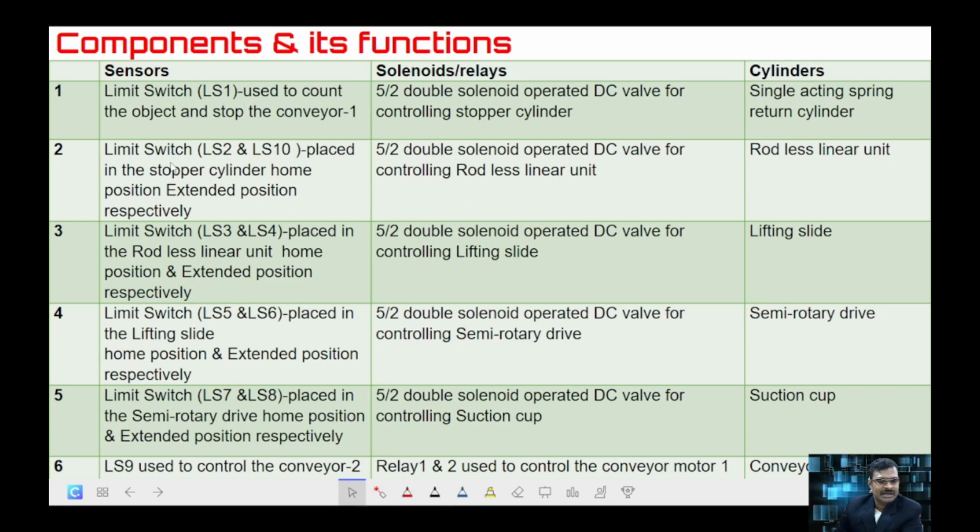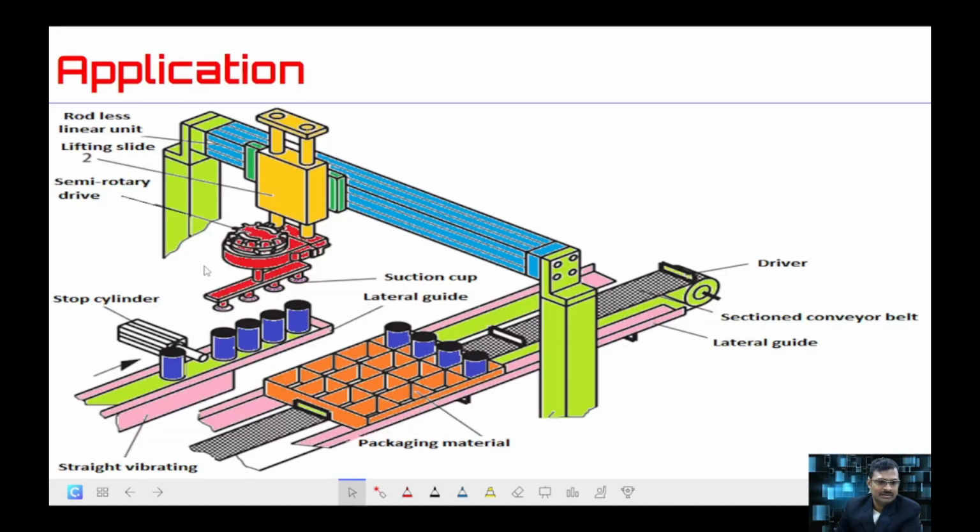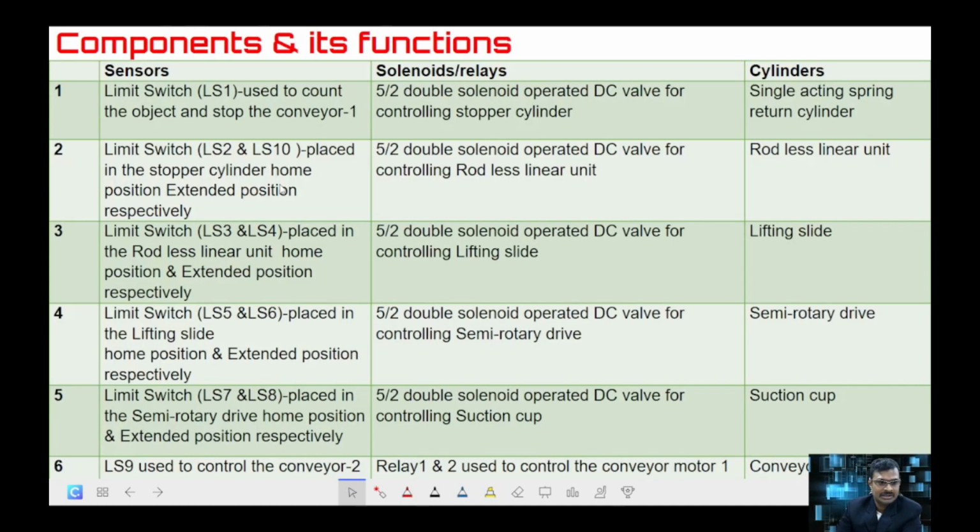The second set of sensors, LS2 and LS10, will be placed at the home position and extended position of the stopper cylinder. This is the stopper cylinder: one sensor, LS2, is in the home position and one is in the extended position. Mostly these will be magnetic sensors on the cylinder itself, so that it can detect the home and extended positions.